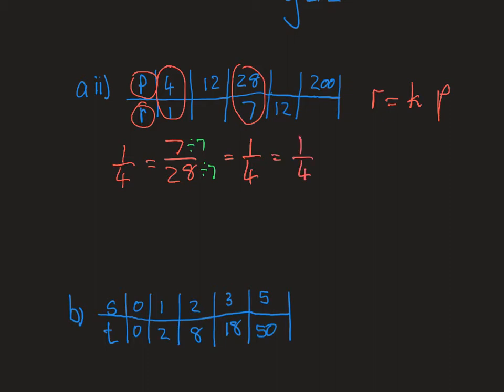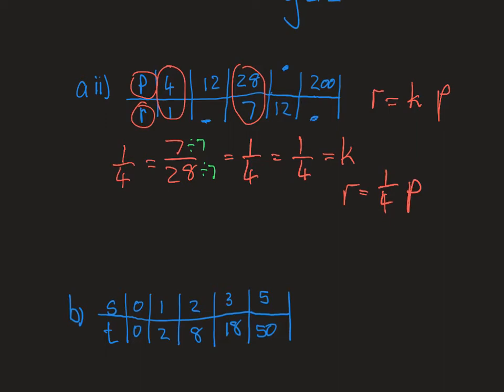I times the top one with a quarter to get the bottom one. So that's k. In other words, we could say that r is equal to a quarter of p. Now in this case, there were also some values left out that we need to find. This value is not given, this value up here is not given, and this value also is not given.